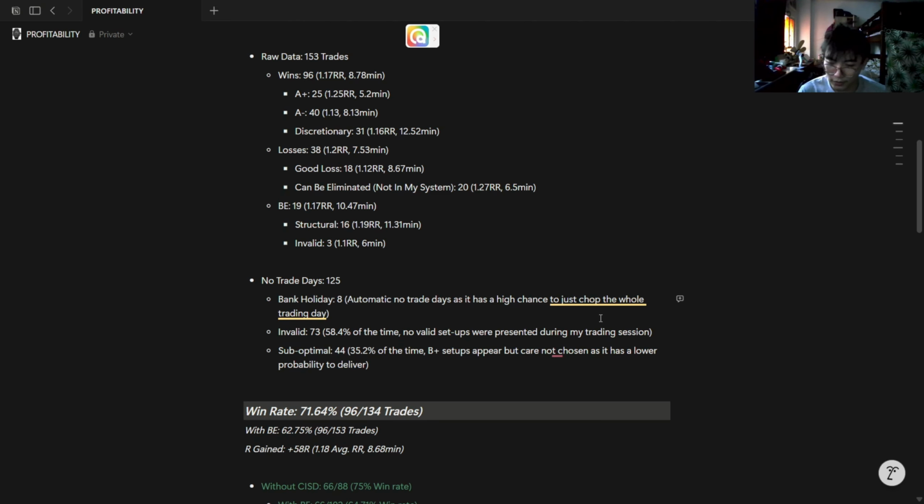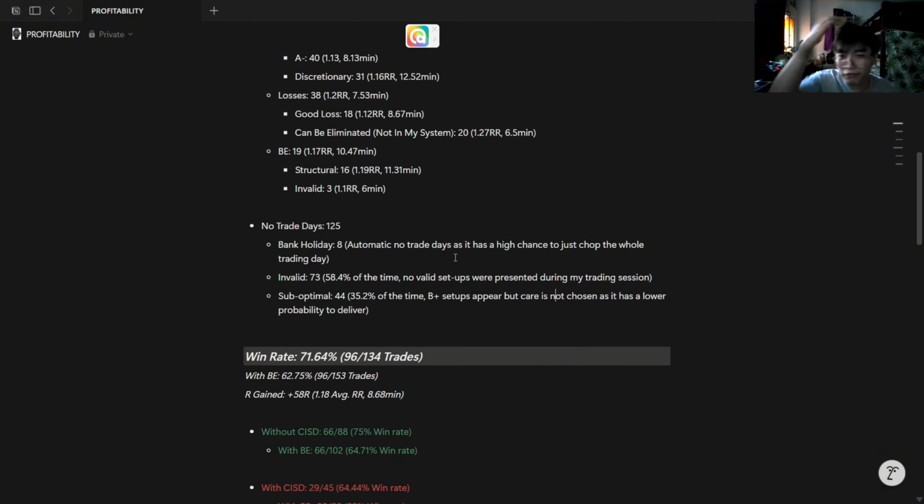Basically, they're lower than A minuses, and also lower than discretionaries, because my discretionary trades have the narrative and the drawn liquidity, but the model might not have been there. There I have a strong conviction, but with these suboptimals I just didn't get that conviction that all right, these trades tend to work.